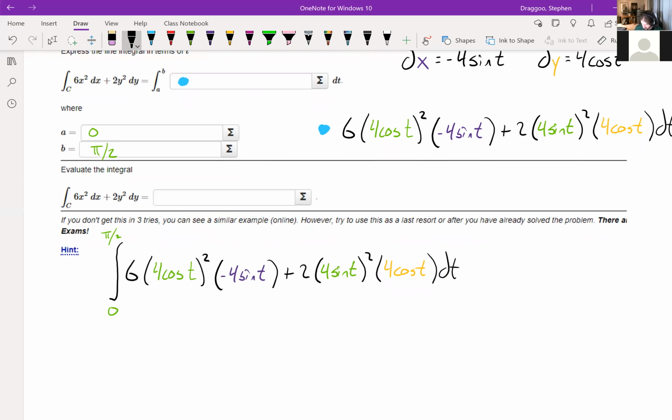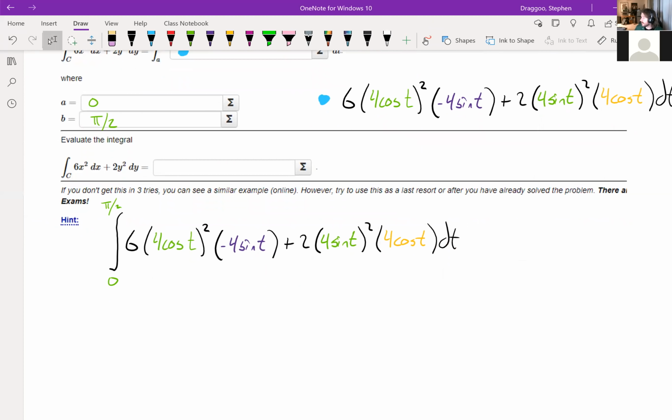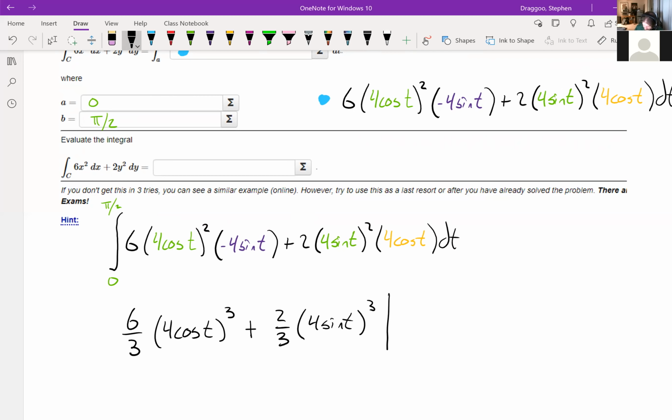Doing so is going to get me to 6 over 3 times 4 cosine t cubed plus 2 over 3 times 4 sine t cubed, evaluated from 0 to pi over 2.